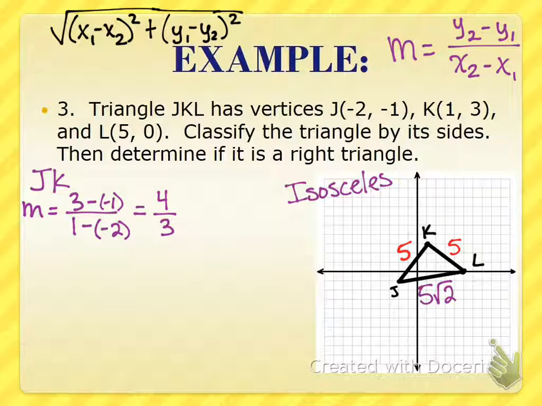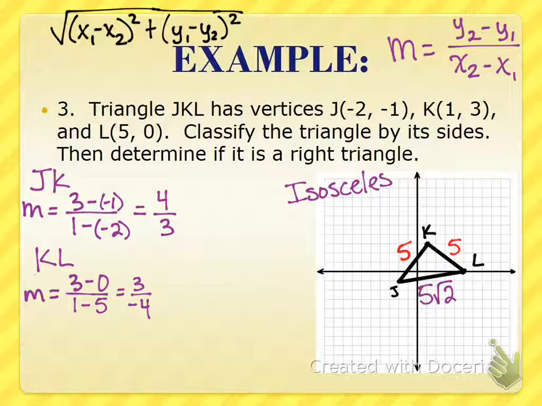So now let's work on finding the slope of KL. Give me a y to start with. 3 minus 0. If I started with 3, my x I have to start with is 1 minus 5. 3 minus 0 over -4.